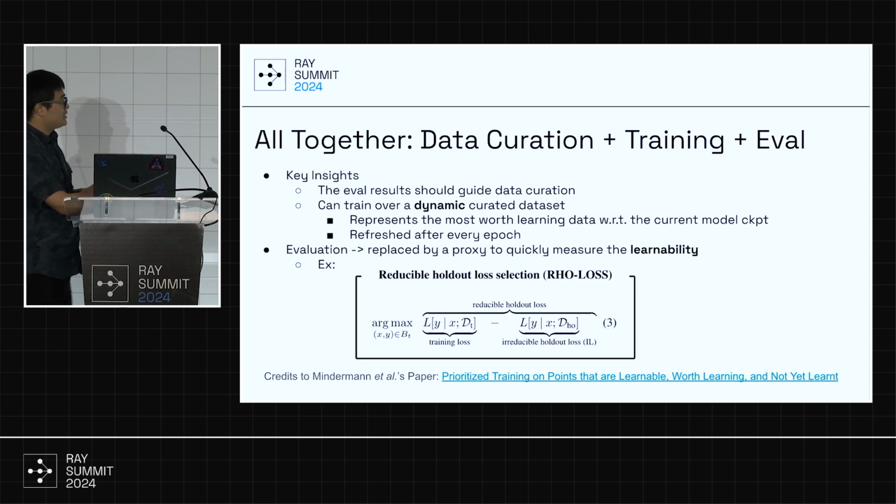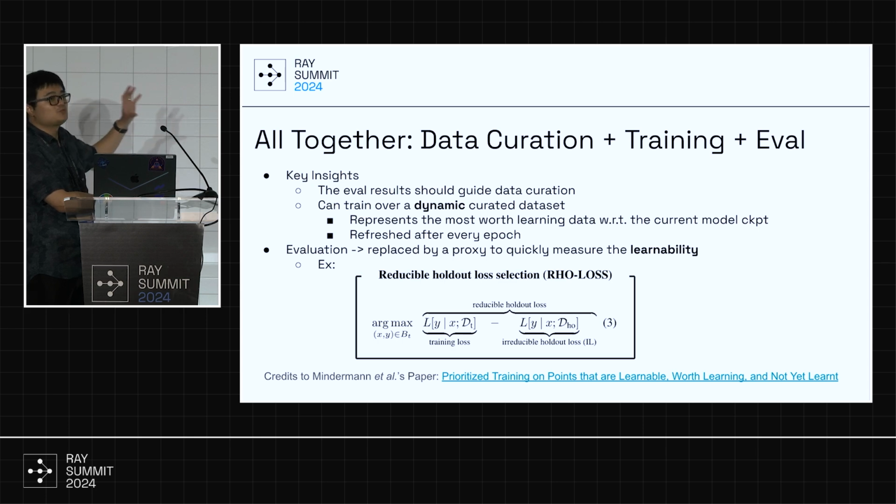And how are we going to do that? Here we need to do some approximation for our evaluation phase, because we cannot do that heavyweight evaluation. What we will do is replace it with a proxy to quickly measure learnability. How are we going to define learnability? This is a very active research area, and here is a paper.